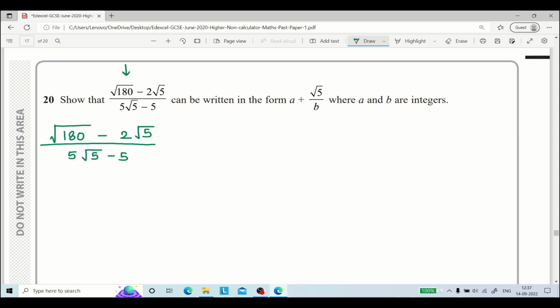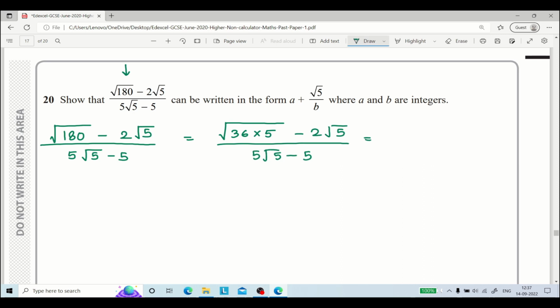If we carefully observe, we can further simplify root 180. Root 180 is basically root of 36 into 5, minus 2 root 5, over 5 root 5 minus 5.